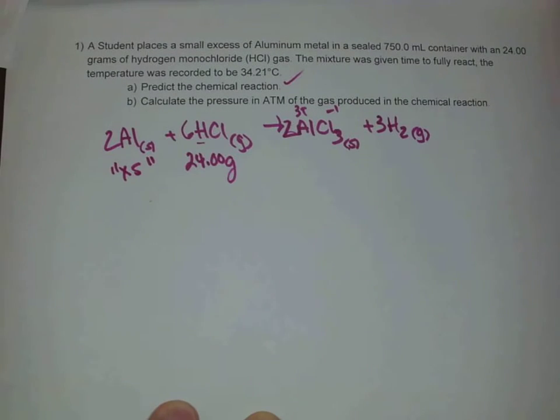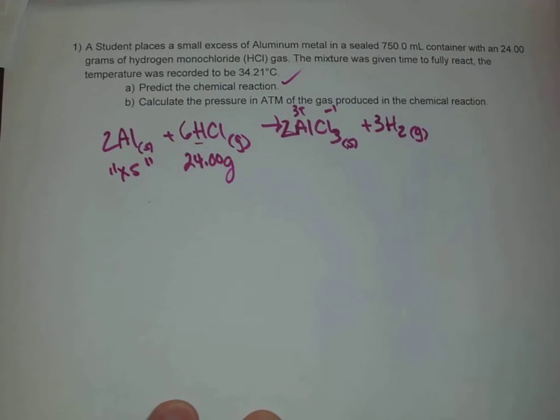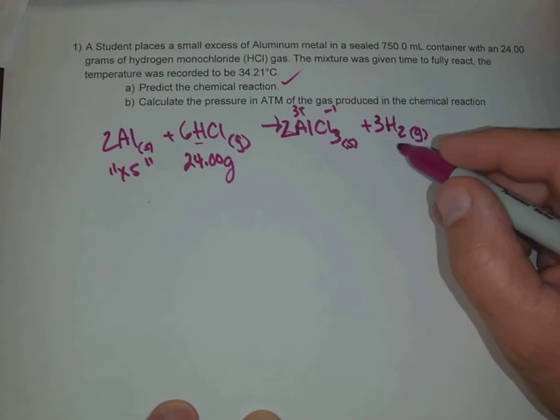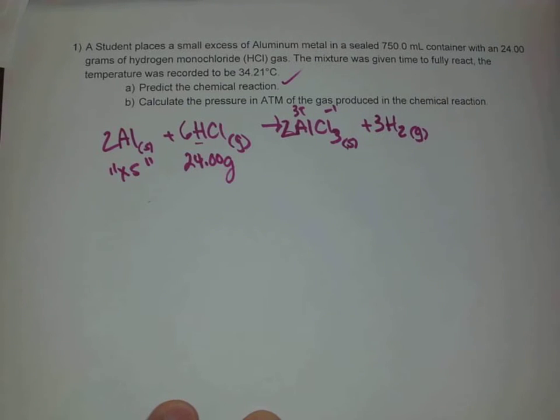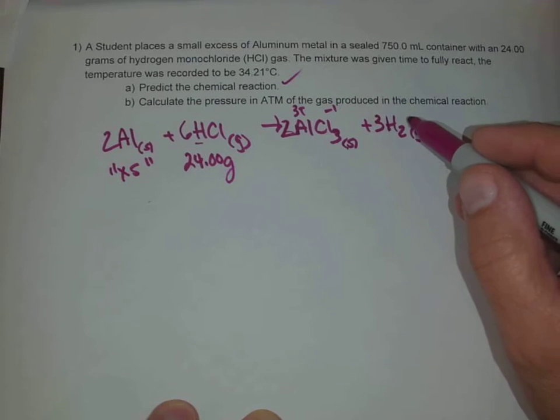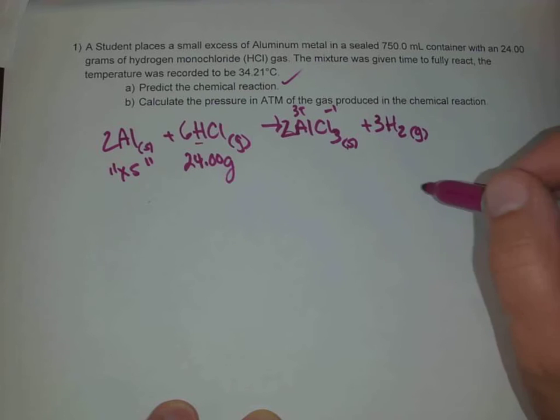That means all the HCl will completely react, and there'll be a small excess of aluminum, so some will be left over. Now, we could just do a mass-to-mass stoichiometry and figure out how many grams of hydrogen we made, but that would kind of be defeating the purpose, because what we really want to know is the pressure.